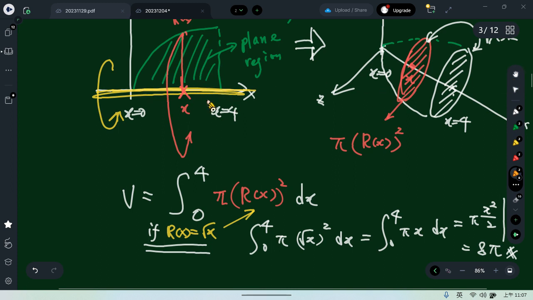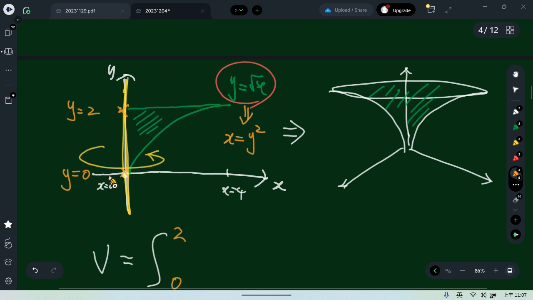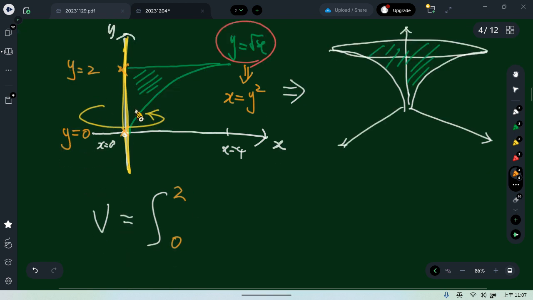So we can get this shape. But this time we use y as the rotation axis, so we should see the shape from this viewpoint. Then it will be pi, and this time it should be R of y as the radius, right? Not R of x, right?